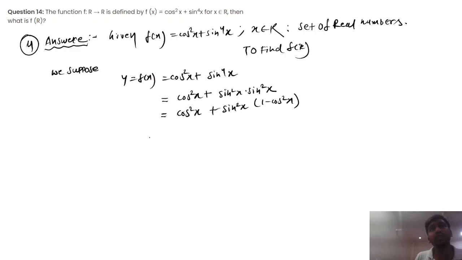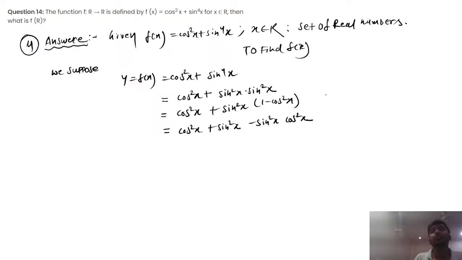Is it okay? Then again, cos square x plus sin square x minus sin square x cos square x. Any issue till here?